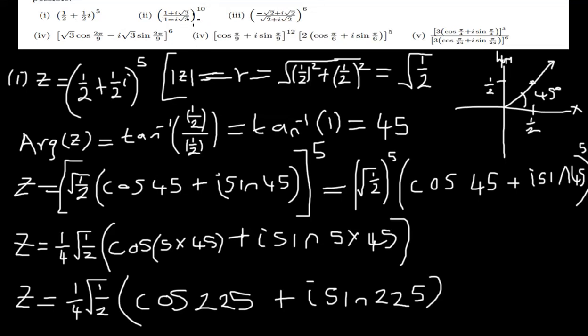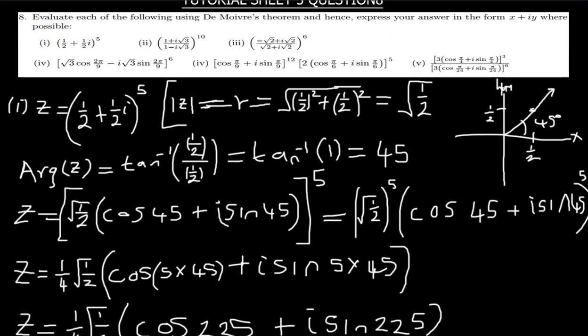You remember how we simplify complex numbers from previous videos? You find the conjugate and multiply it both sides on top and down. Then after finding the final answer in the form x plus iy, you come and multiply the angles.